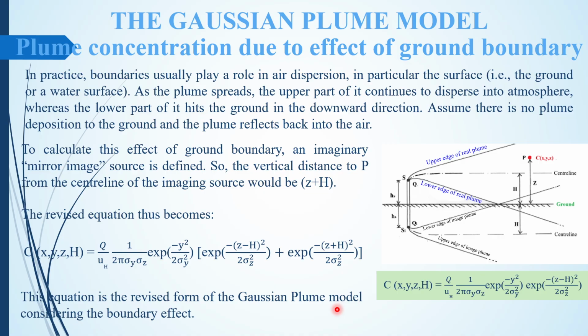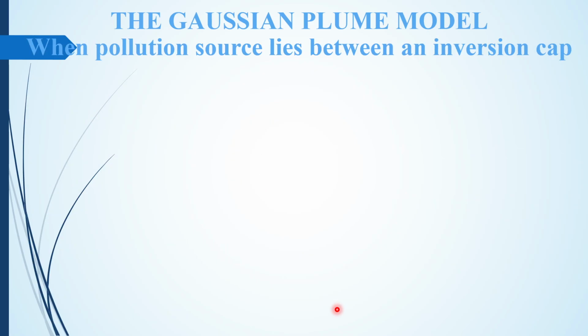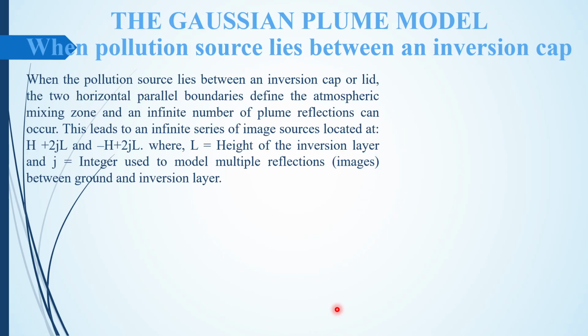And now one by one I will discuss different conditions or different plume sources, and what the changes in this equation will be. So if the pollution source lies within an inversion cap, what would be the concentration?